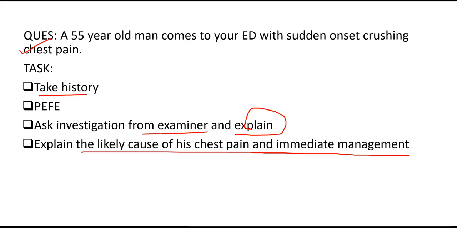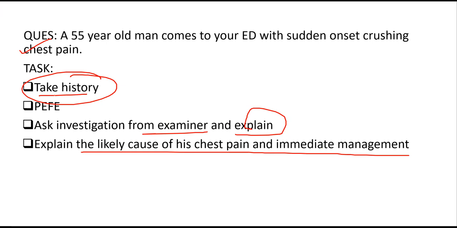So it depends on the stem. If in the stem you already get an ECG and you know that it is an ST elevated MI, you will make the history short, because you don't need to ask all the other differential diagnosis questions in that case, because you'll be giving more time to the explanation of the ECG and talking about the management.